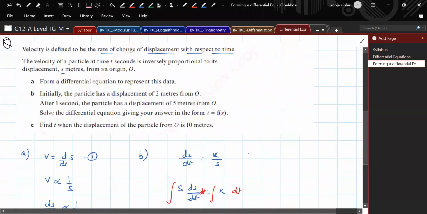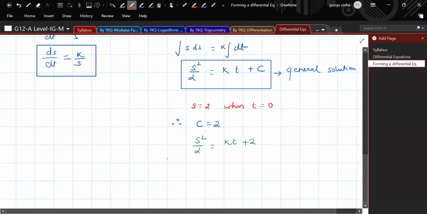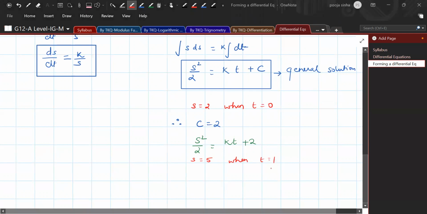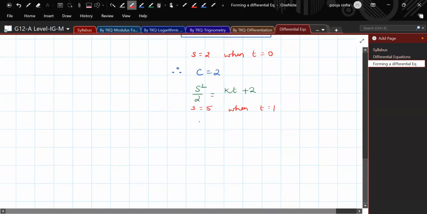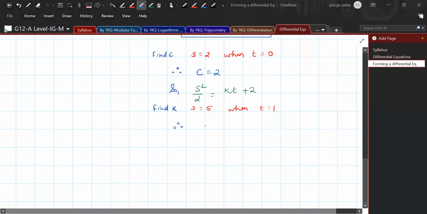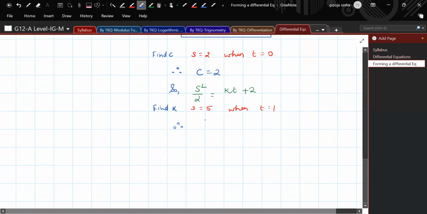So for K, S is equal to 5 when T is equal to 1, after 1 second. चलो अब बताओ यहाँ से K निकल जाएगा हमारा. 21 upon 2. 21 upon 2 is how much? 10.5.